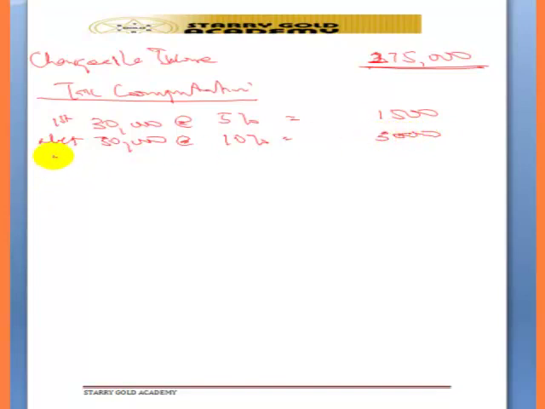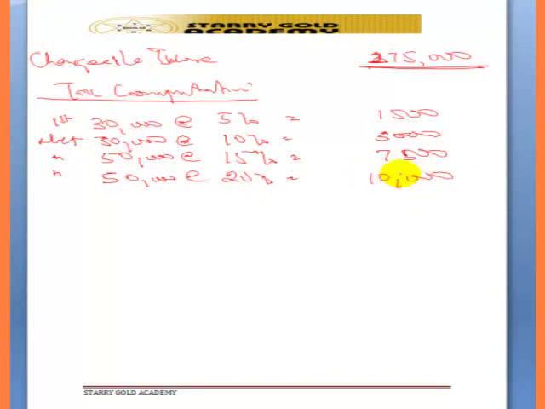Next, 50,000 at 15%, which is 7,500. Next, 50,000 at 20%, which is 10,000 naira.